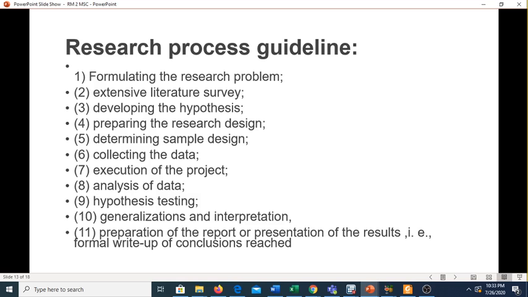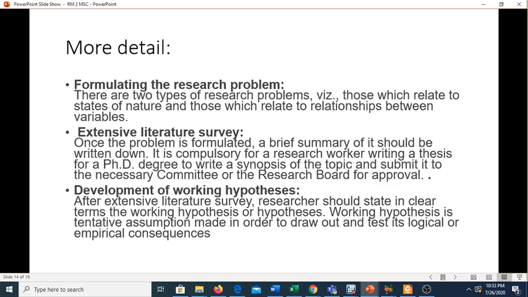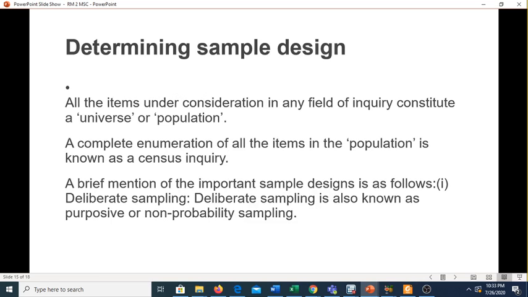Now, I will not go into the nitty-gritty of explaining what each section is all about, because these things will be repeated in more detail as we continue in this particular part. That's why I will not read out these particular parts. I think we can read through what these are all about, like determining the sample design.